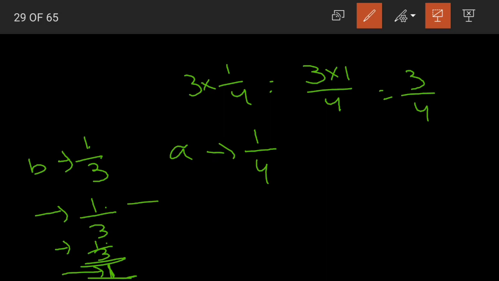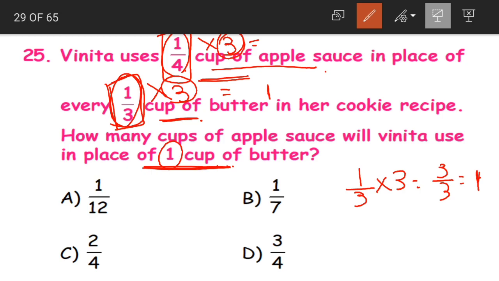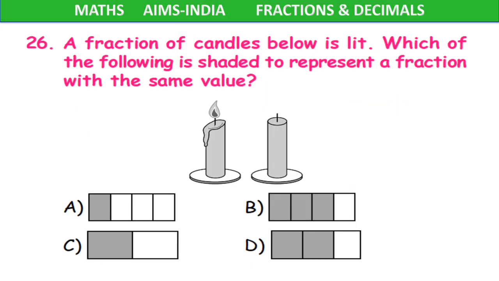In the same way, I have to use the apple sauce also 3 times, right? 1/4 plus 1/4 plus 1/4. When I add these 3 together, I'll get 3/4 as my answer. Option D, 3/4 becomes my correct answer. Understood, children?